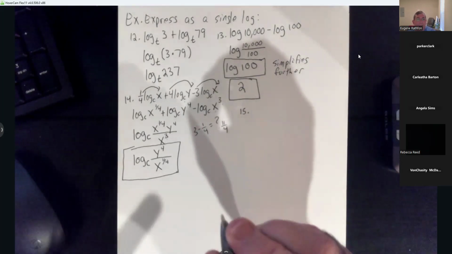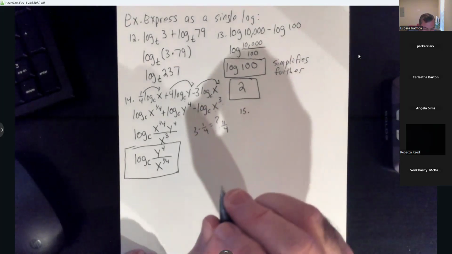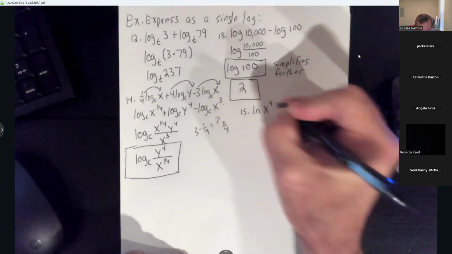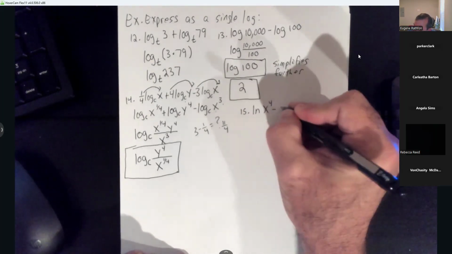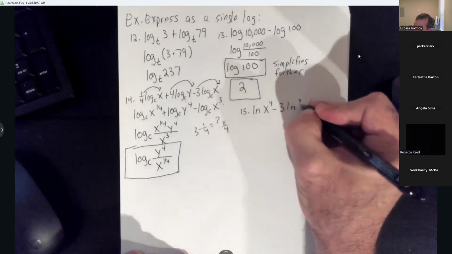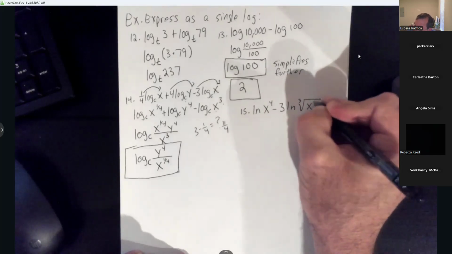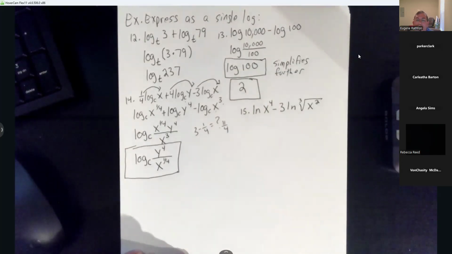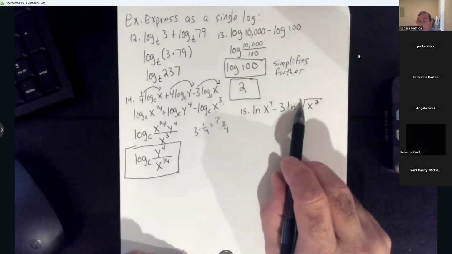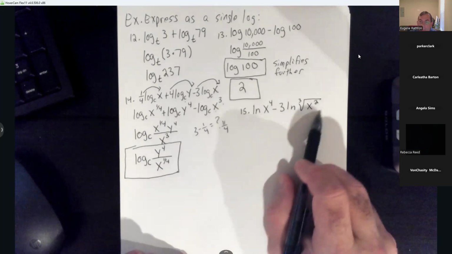All right, y'all. 15 is going to be similar to that, so let's see what we got. ln x to the fourth minus 3 ln cube root of x squared. So y'all, first thing I'm going to do is convert this radical here.